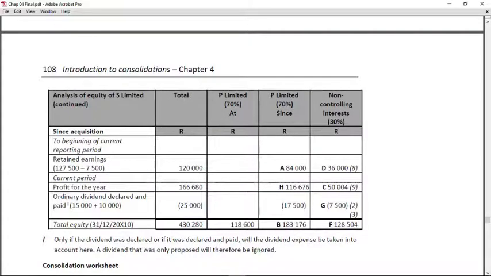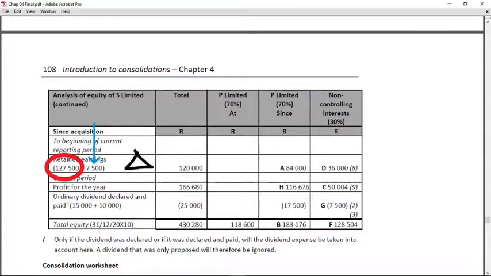In your since-acquisition opening balance section, you will then start with your equity trial balance opening amounts that you have available for the subsidiary, and the only equity item where we will see a movement is retained earnings in this example. You start with the TB amount of 127,500, and from that you deduct the at acquisition amount of 7,500 so that you are left with the movement since acquisition date.